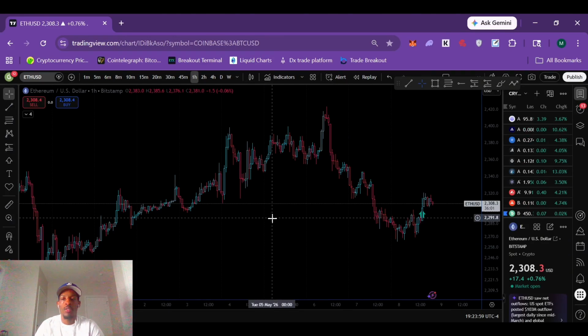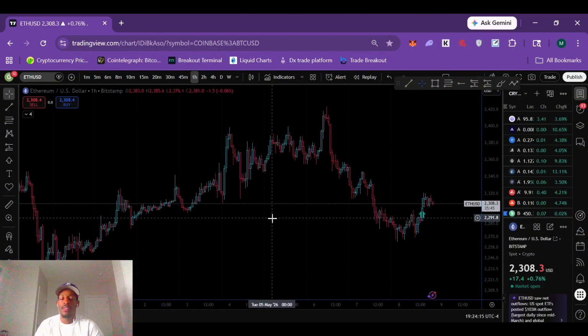TradingView is just a platform in which you can look at the different assets you want to trade, whether it's stocks, crypto, forex, or futures. This is the platform where you can see how the market is looking.